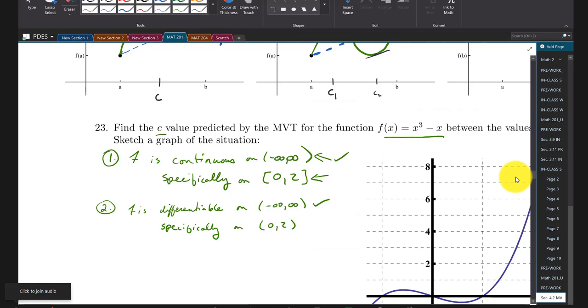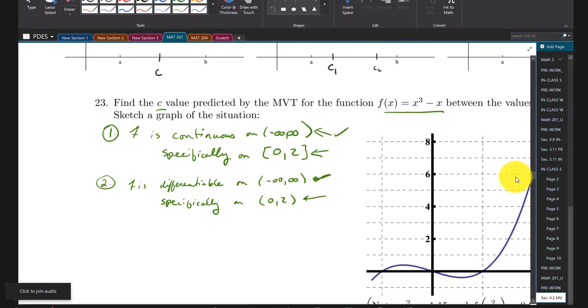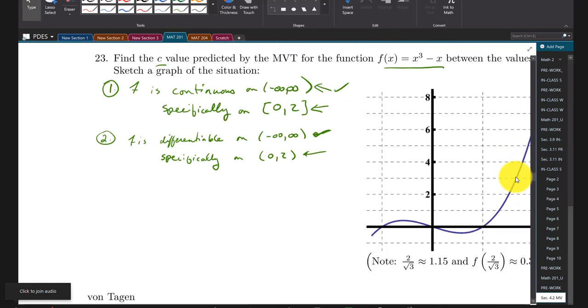The fact that it's everywhere differentiable is wonderful, but this for sure has to be met for us to be sure that the mean value theorem is going to apply. Meaning, we're able to find a place where the instantaneous rate of change equals the average rate of change.